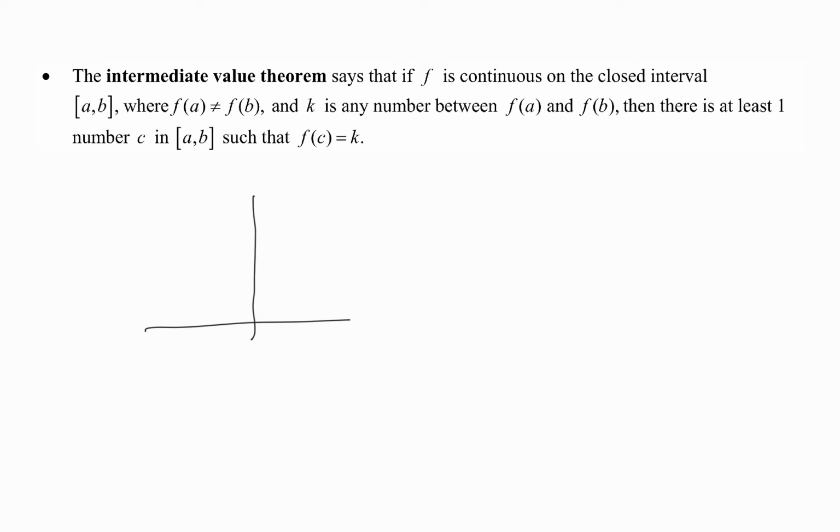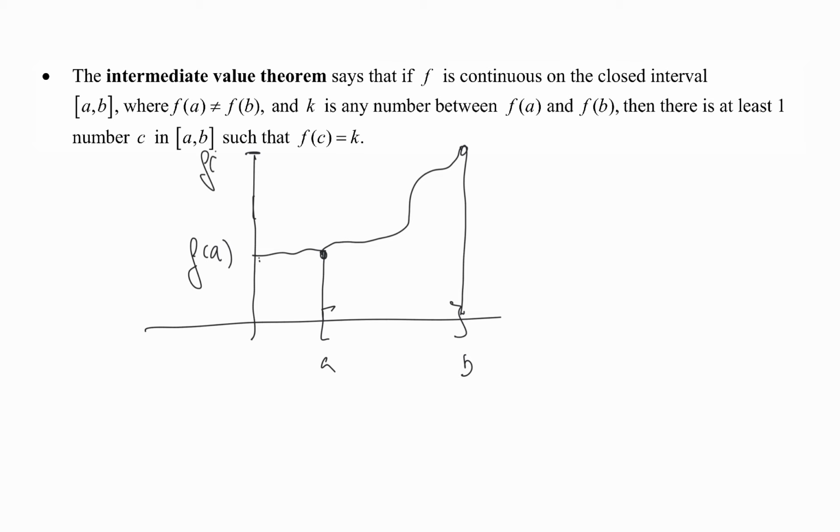It says that when you have a continuous function over a closed interval a, b, where f of a is different than f of b, and this is f of a and this is f of b, for every k between f of a and f of b there exists a c on the closed interval a, b such that f of c is equal to k.